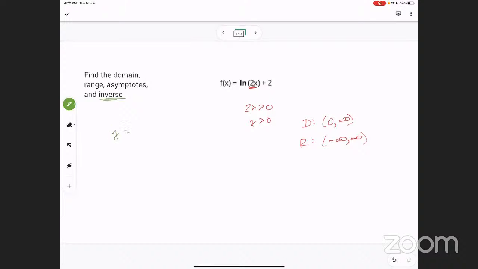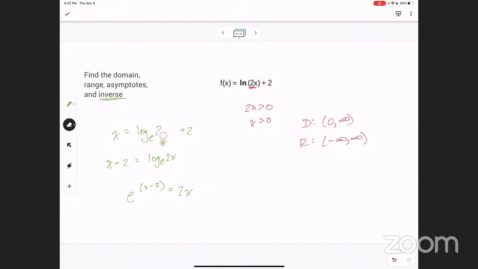x equals log base e of 2x plus 2. So subtract 2 from both sides. Do your little trick: e to the x minus 2 equals 2 times y. Whoops, what happened to my y?